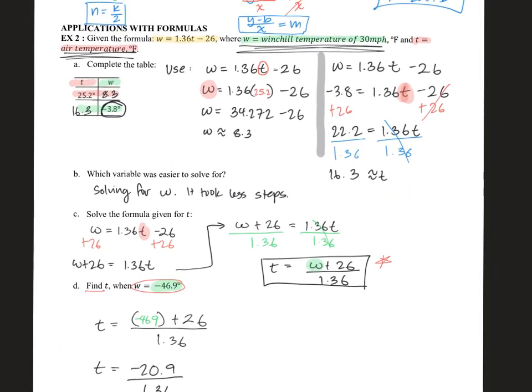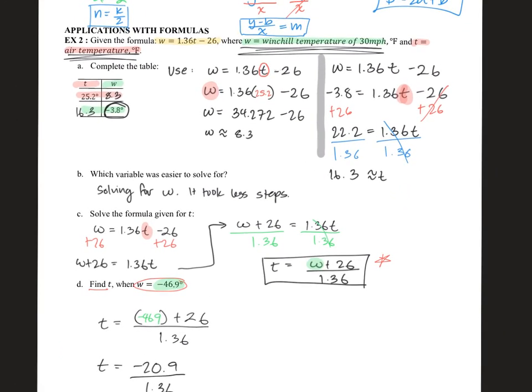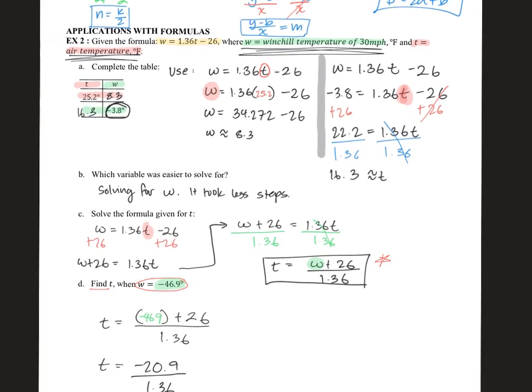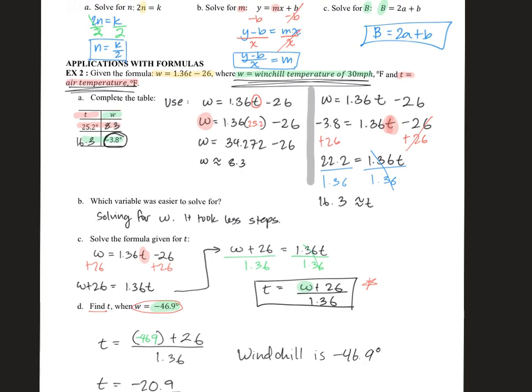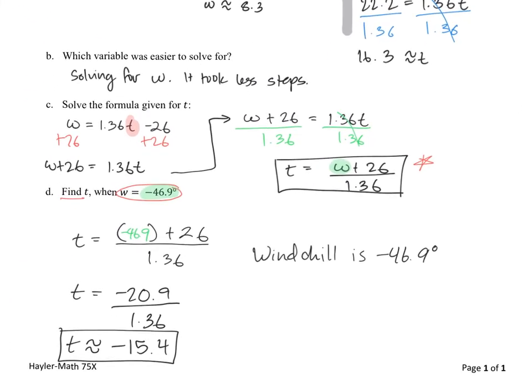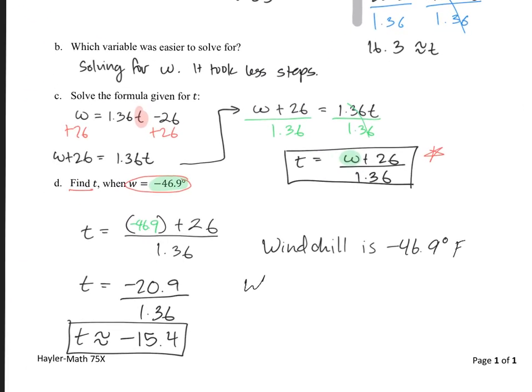Well, that the wind chill is negative 46.9 degrees Fahrenheit when the air temperature is negative 15.4 degrees Fahrenheit, according to this formula that we have.